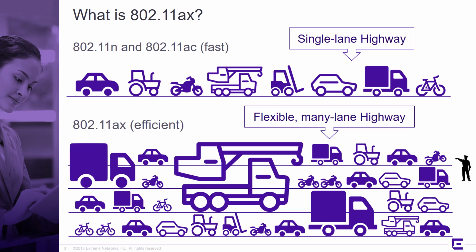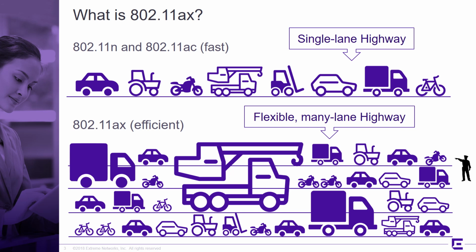11AX, with a focus on efficiency, works as a flexible mini lane highway. And effectively, the access point acts as the traffic cop. As you can see in the graphic at the bottom, we have multiple lanes where we have bicycles and motorcycles, and we have forklifts and cars and large trucks and medium-sized trucks and so on.